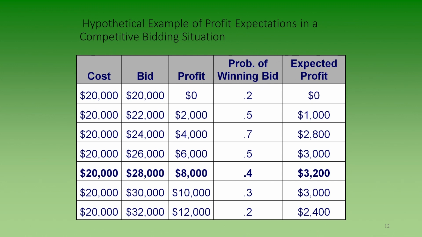Now, at $22,000, where the profit is 2,000 and suppose the probability of winning is 0.5, 50%, then the expected profit is 1,000.